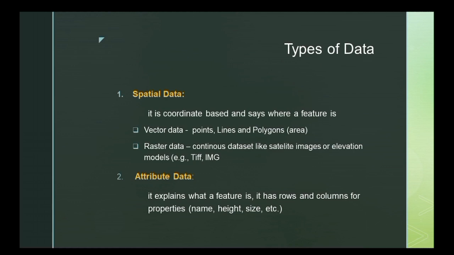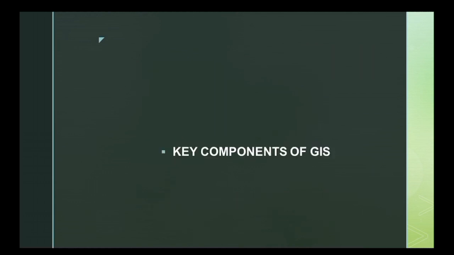Attribute data explains what a feature is. That's rows and columns for properties: name, height, size, etc. So it basically is a tabular format.